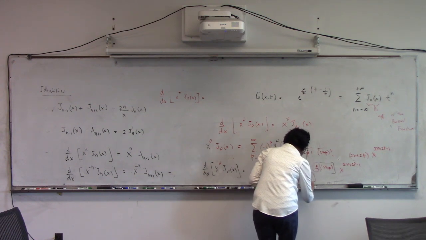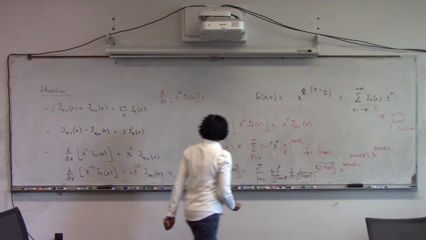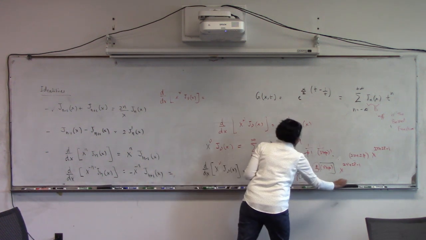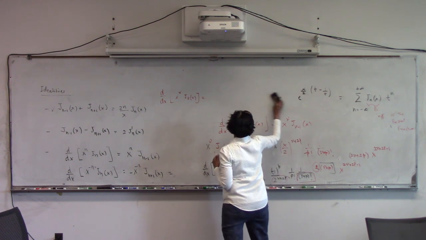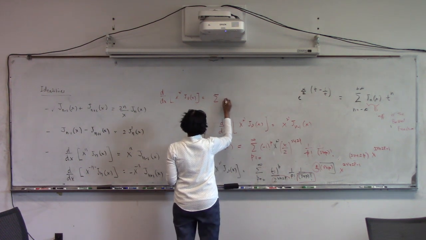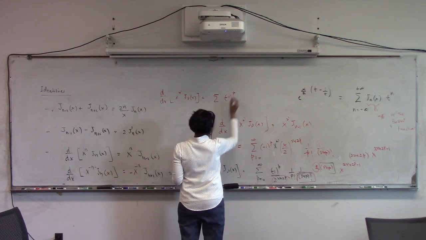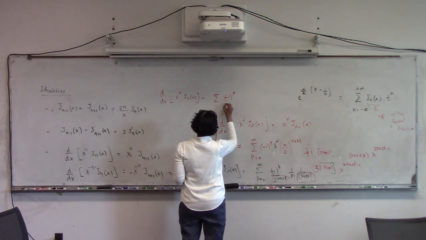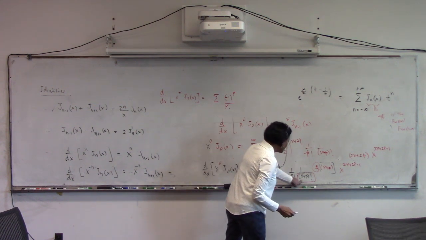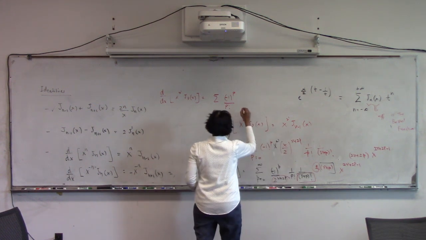Okay, right? So I can rewrite the whole thing as follows. Summation, minus 1 to the power p, p factorial. This will become nu plus p minus 1 factorial.